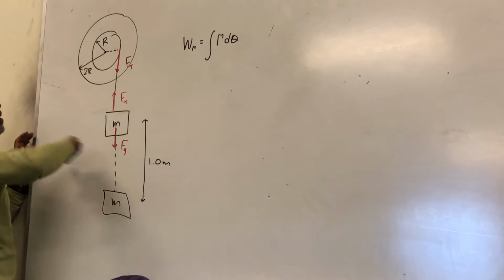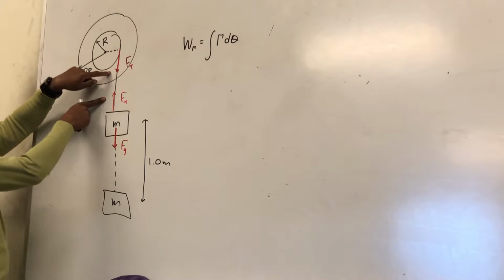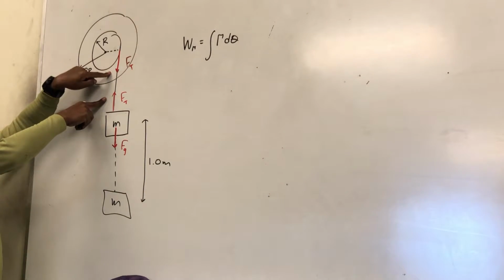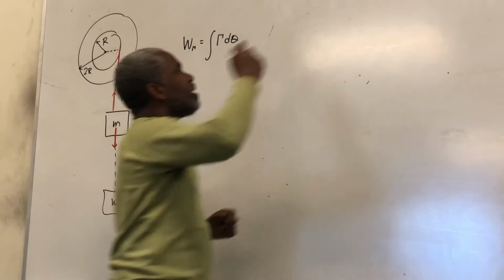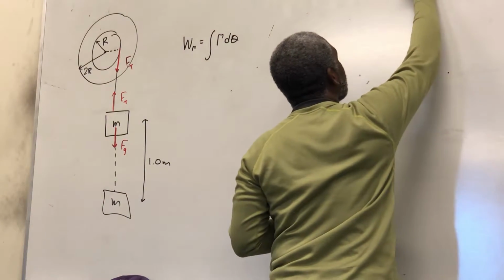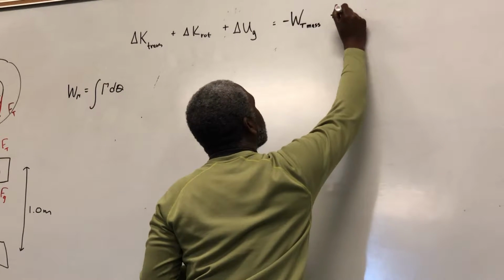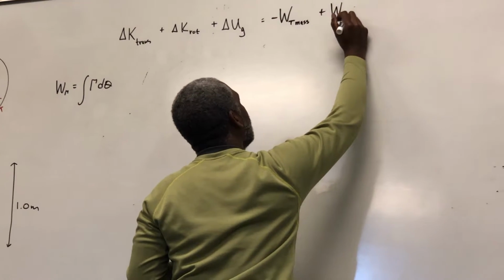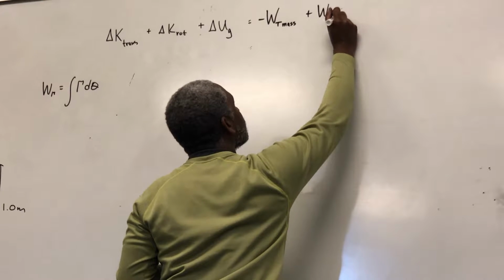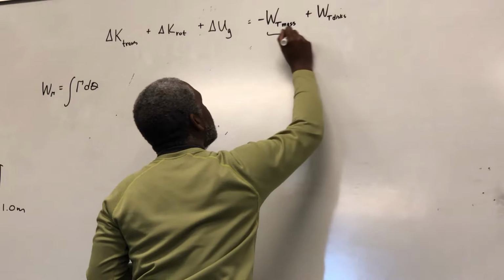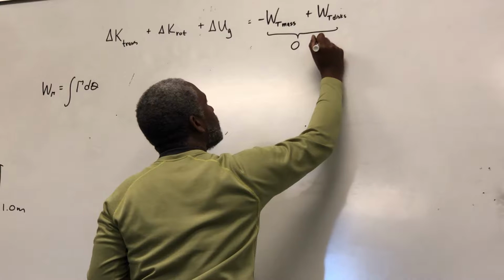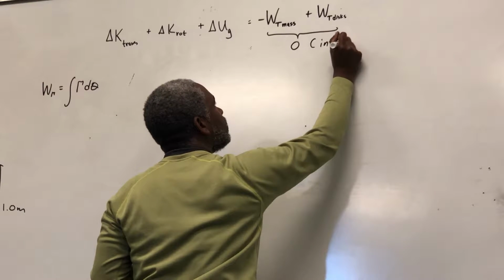If they're part of the same system, these two works cancel out. So I'll just write it up here as a reminder that we haven't forgotten about it: work done by tension on the mass and work done by tension on the disks. And these sum to zero because they are internal to the system.